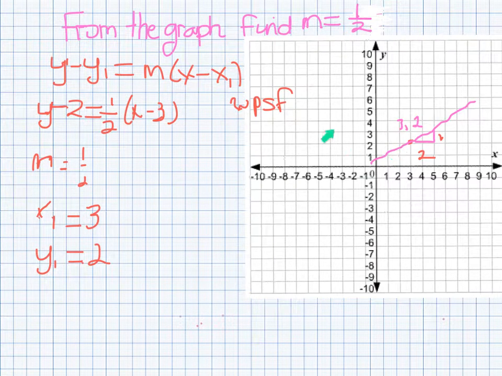We plug in what we know. Our x-coordinate is 3, it goes right here. Our y-coordinate is right there. Our slope is 1 over 2. And now I've written my equation in point-slope form, and there's nothing more for us to do on this one. So m equals 1 over 2, x1 equals 3, y1 equals 2.